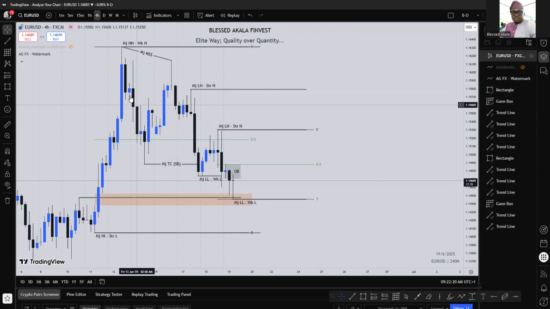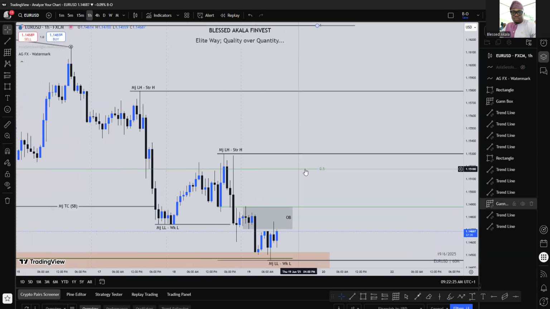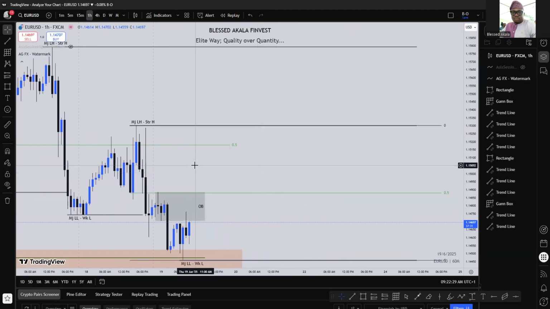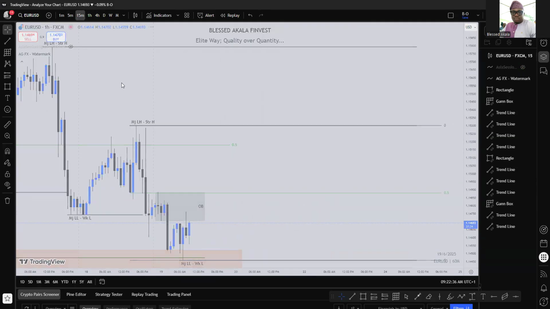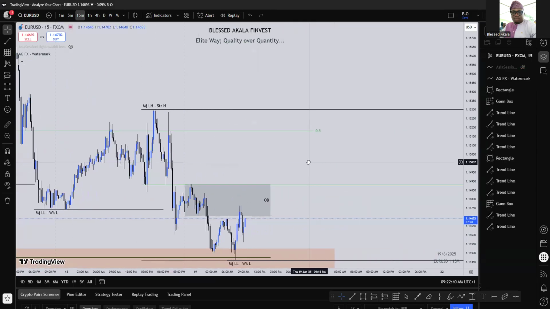So maybe we have some price movements, and we have this level here, but this is the whole dealing range.